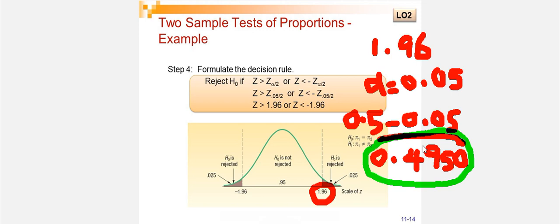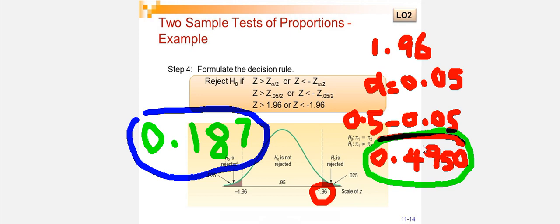Chang dapat berapa Chang? 0.4694, 0.1879. Saya salah ke? 0.187 dalam table kan? Mengapa kita tak dapat 1.96? Salah guna table.